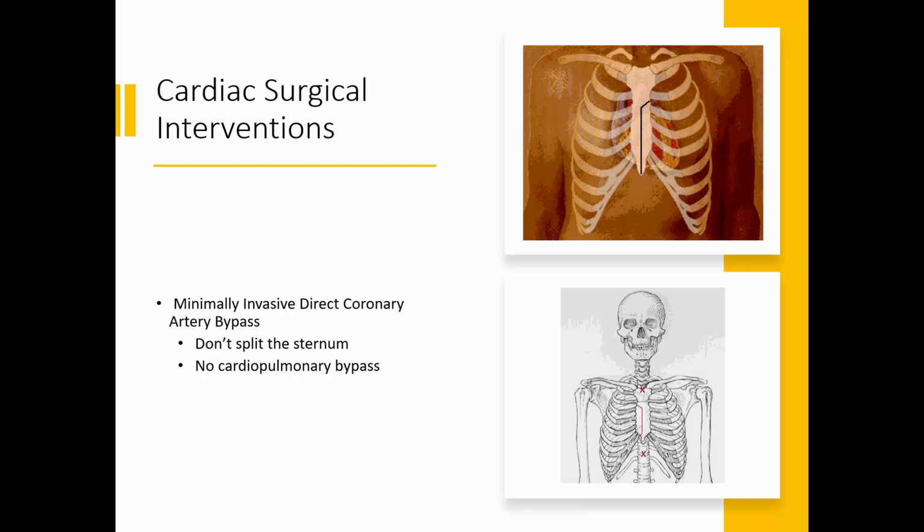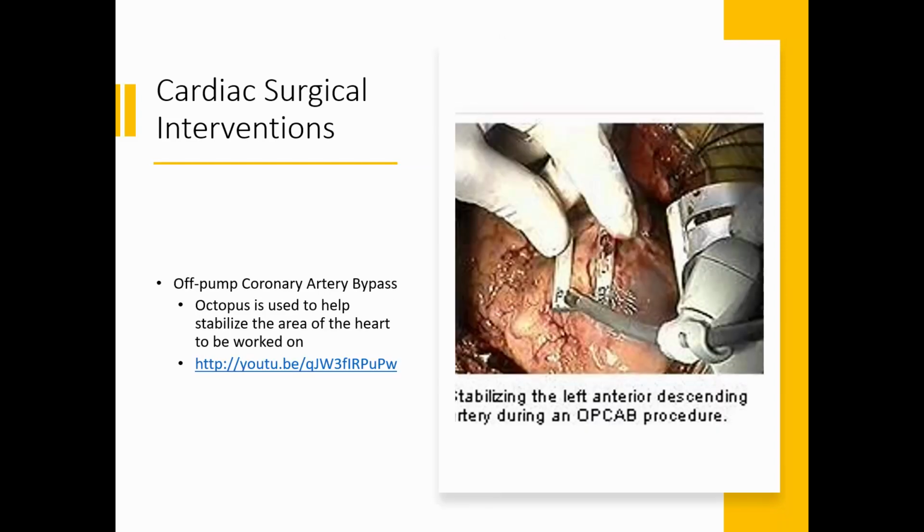They remove part of that rib, they go to the blocked artery, and they bypass that blocked artery. So this is wonderful. However, this minimally invasive is only for patients that have a blockage in the left anterior descending artery. That's it. If your blockage is somewhere else, then this is not a procedure that you're a candidate for.